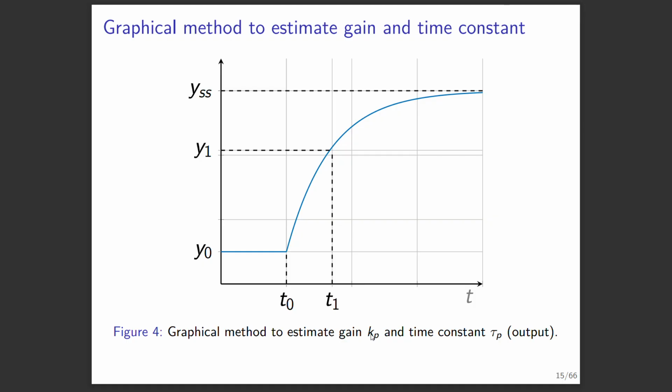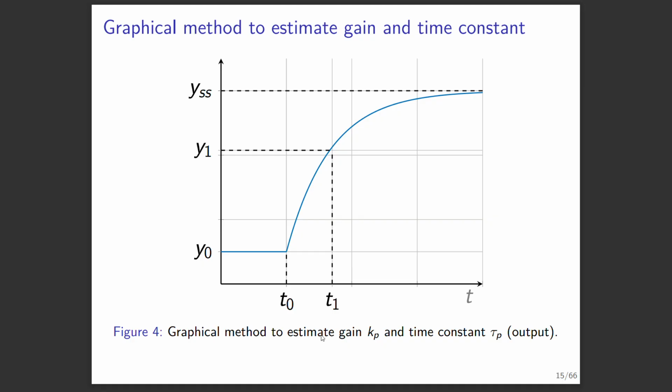No, remember that is going to be the final value of your response. Your response didn't start at 0, it had started at Y0. So if I have this response, your Kp times capital A, which is the magnitude of input, is not going to be YSS. What is it going to be? It's going to be YSS subtract from it Y0.